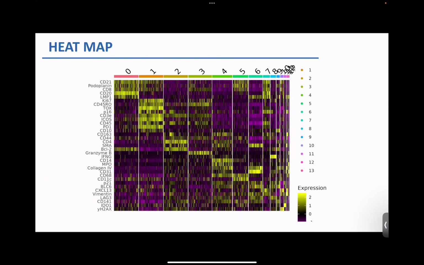lymph node. And so we also observed this heat map, which also further helped us understand the cell type annotations and also helped us discover which types of cells we wanted to look at. So basically, we were able to identify the different clusters, and we used them to annotate for the different cell types.